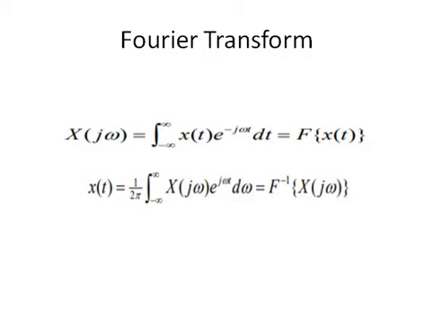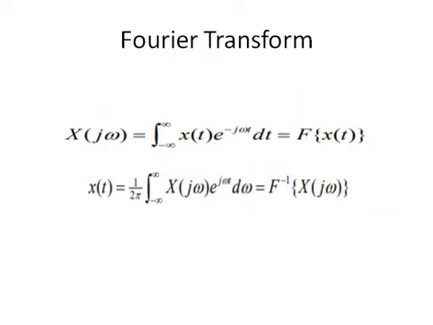And if you want to apply the inverse Fourier transform, then we have to do 1 by 2 pi times the integral from minus infinity to infinity of x of j omega, which is the Fourier transform of x of t, times e power j omega t d omega. That is the inverse Fourier transform.